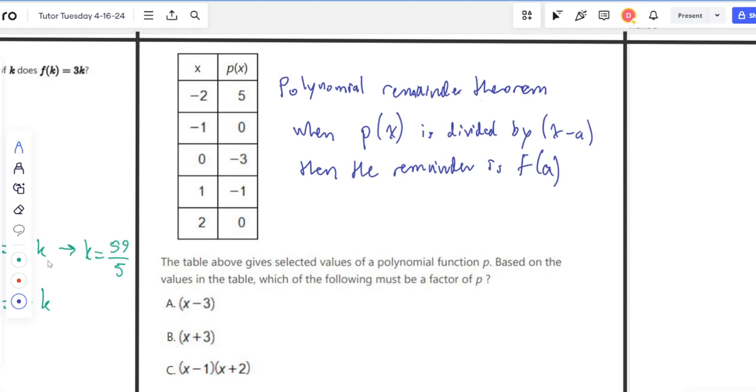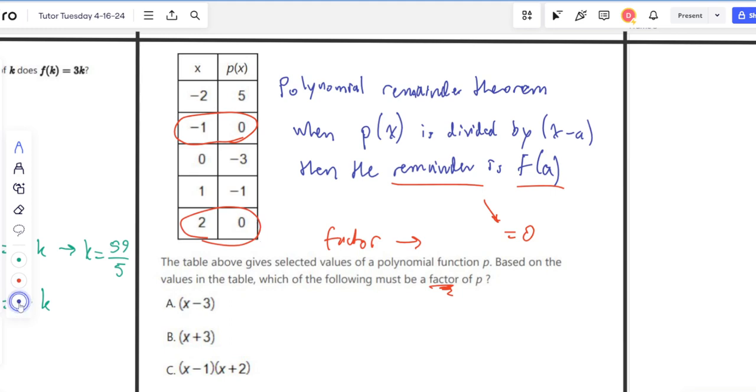So basically, if you want something to be a factor, you want the function value to be 0, right? You want the remainder to equal 0. Factor. I see that when x is equal to -1, the remainder is 0. It's a perfect factor. x equals 2, it's also a 0.